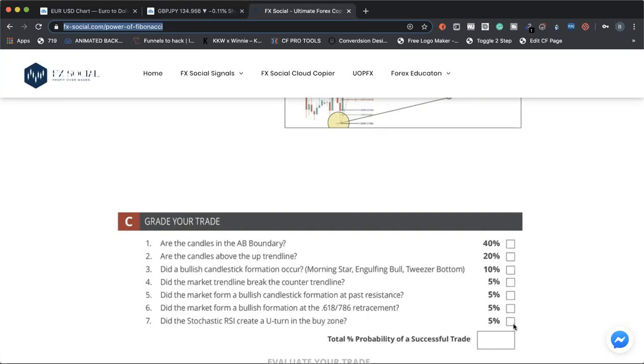It doesn't have to hit every confirmation, but the most important stuff is the 40, 20, and 10. The 5% is like the extra, like, oh man, this is a crazy setup. So when you hear people say, man, I found a crazy setup, you know exactly what they're talking about. Imagine you and your friends are looking at different pairs and you see an A, B, and C setup and the D hasn't happened yet. You see the engulfing candle. You see it hitting the trend line.